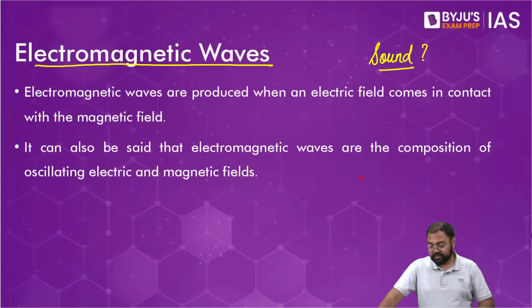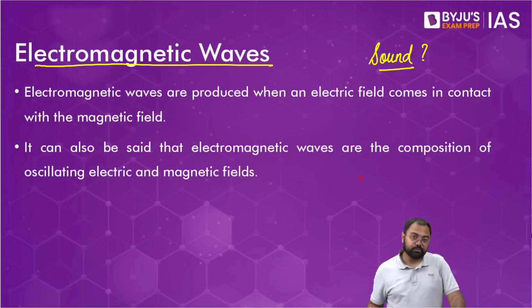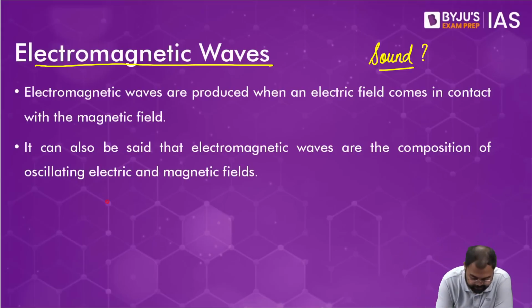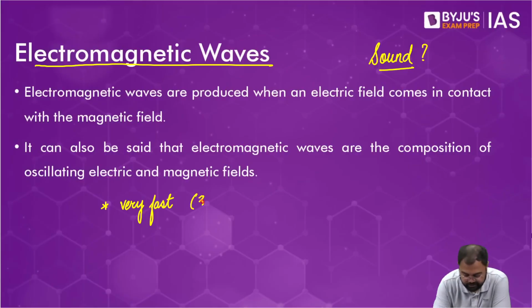So when it comes to electromagnetic waves, there are two things that become very crucial. First and foremost, they are very fast. For example, we know the speed of light, 3 into 10 to the power of 8 meters per second, is the speed at which they can travel.